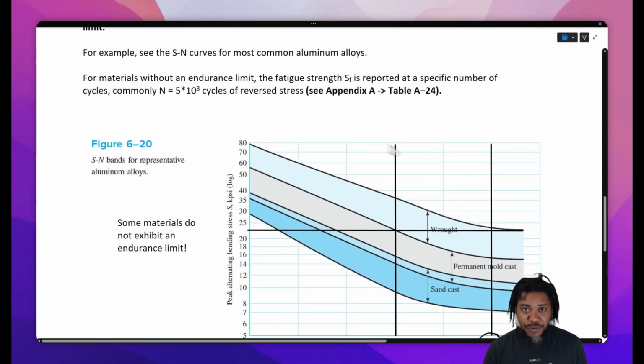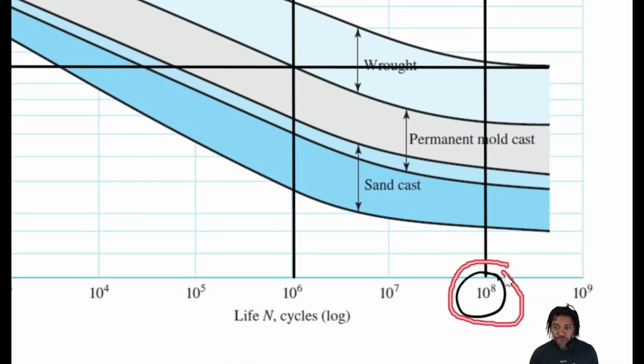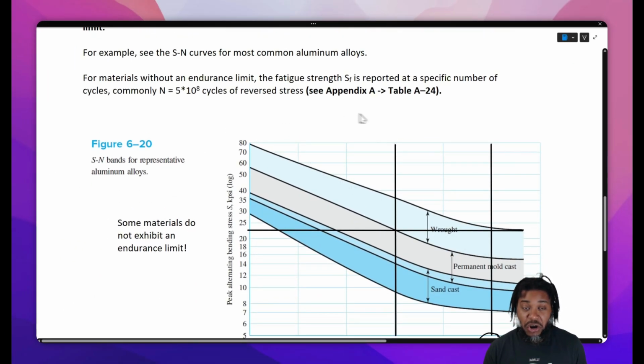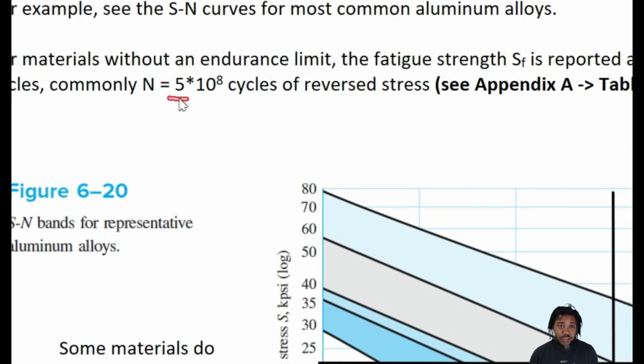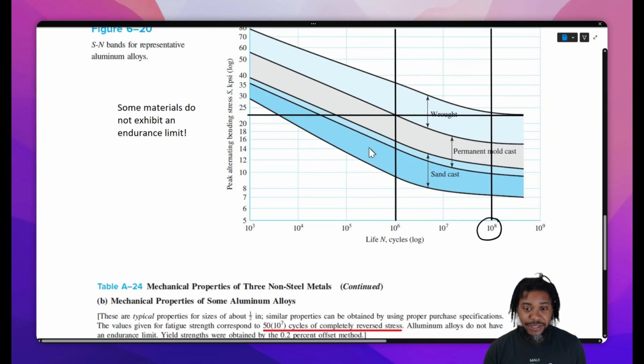And so often for aluminum alloys, as well as titanium alloys and plastics, we often see people will choose something around 10 to the 8, a billion cycles. In our textbook, we actually choose 5 billion cycles of reversed stress.